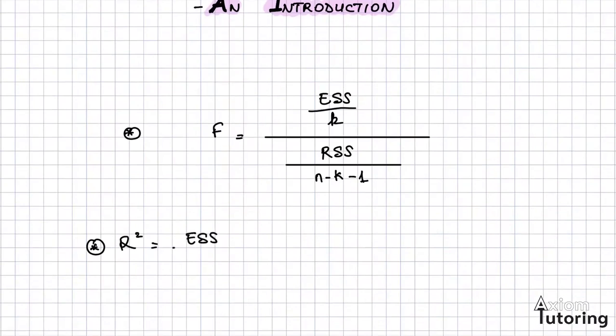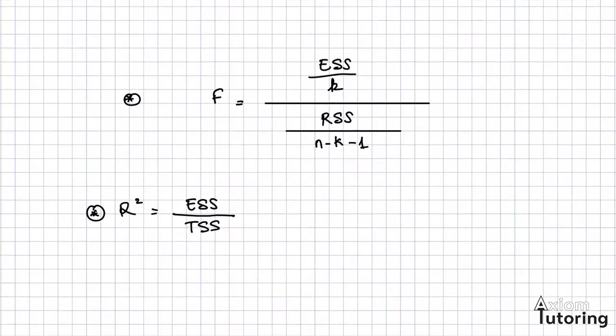And this is the explained sum of squares divided by the total sum of squares, because by definition, the R squared was telling us how much of the variation in the y is explained by the model that you came up with. From here, you can then use the information that the ESS itself is actually R squared times the TSS.